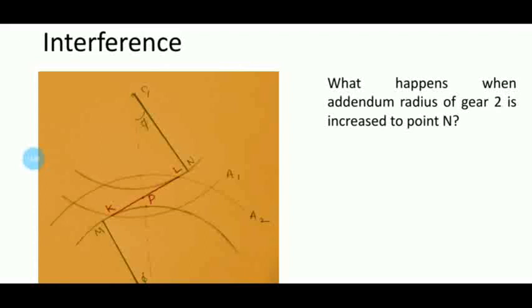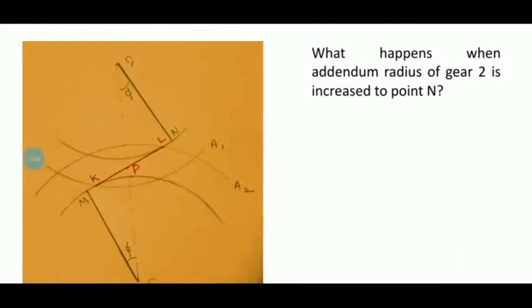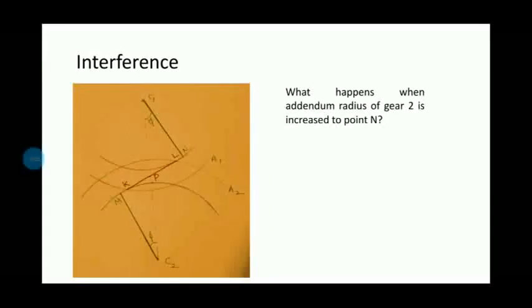Now imagine we are increasing the addendum radius to N, or similarly in the other case, C1 to M or C2 to N. Then the addendum of one gear reaches the base circle of the mating gear. Now what happens when it is increased beyond point N, slightly beyond N?